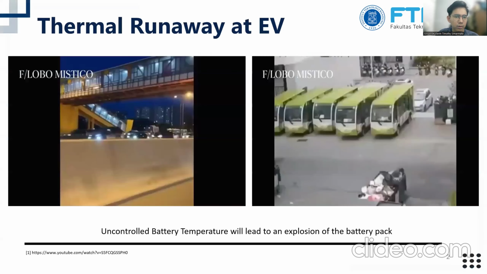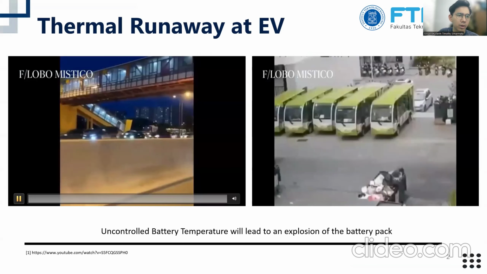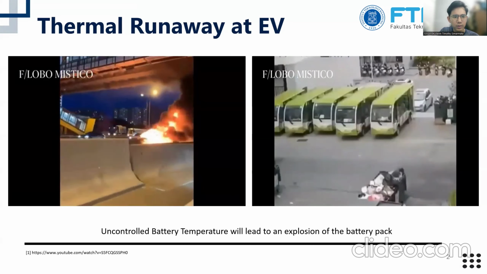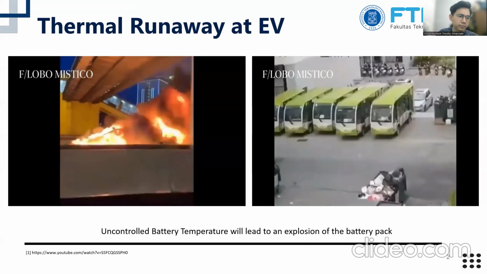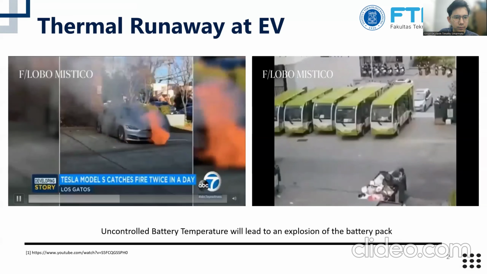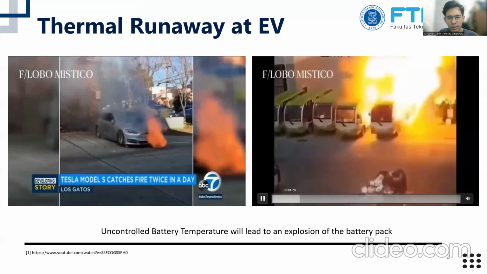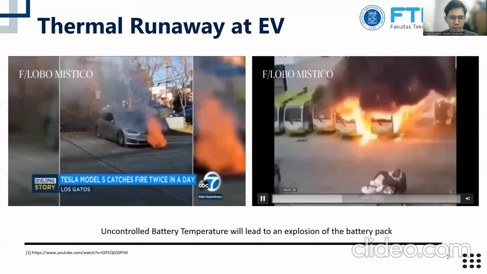First of all, why must we conduct this study? There is a phenomenon called thermal runaway in batteries. Thermal runaway is the example that happened at Tesla Model S. And this is another example from another electric vehicle, such as an electric bus.